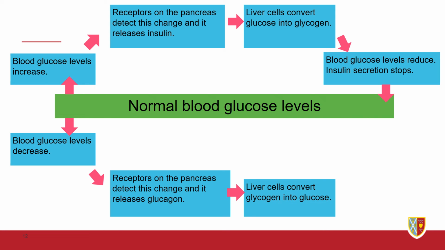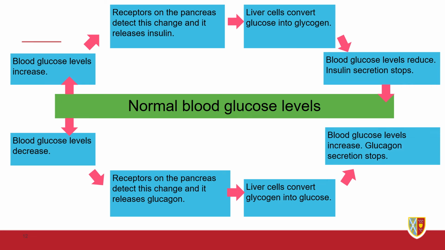It converts the glycogen, long chains of sugar, back into glucose and releases it from the liver or the muscle cells back into the blood. Obviously, putting that glucose back into the blood is going to bring your blood sugar level back up. As it comes back up, glucagon secretion is going to stop because we are reaching normal blood glucose levels.